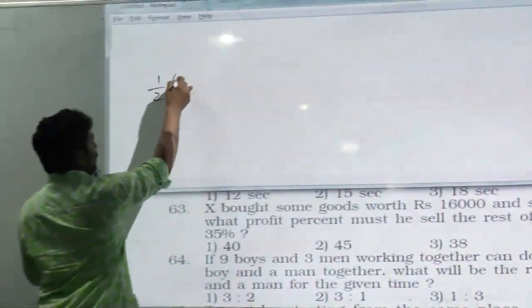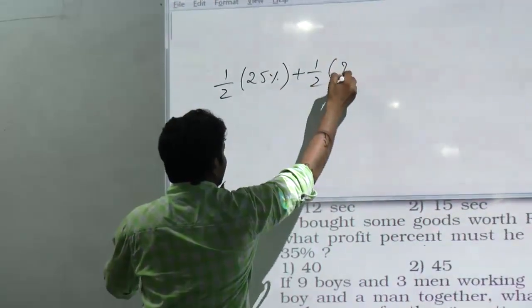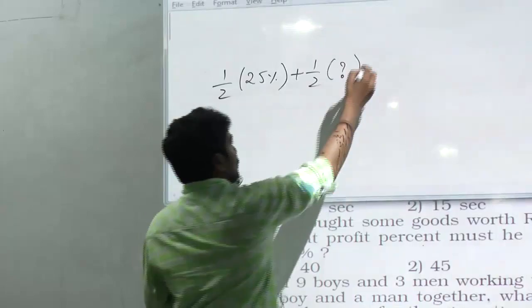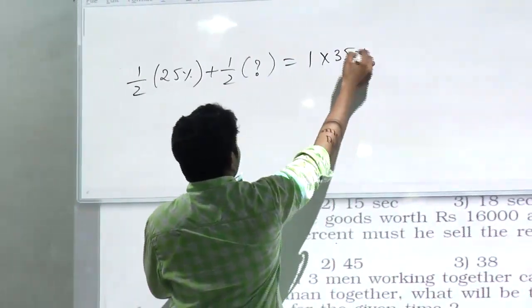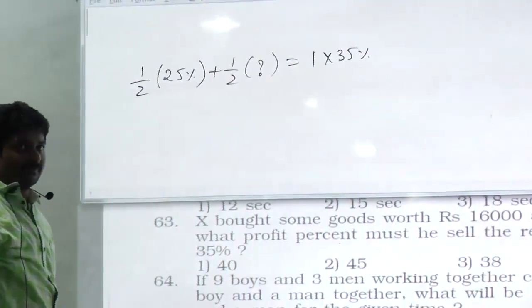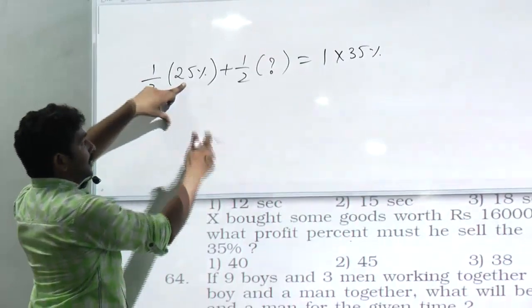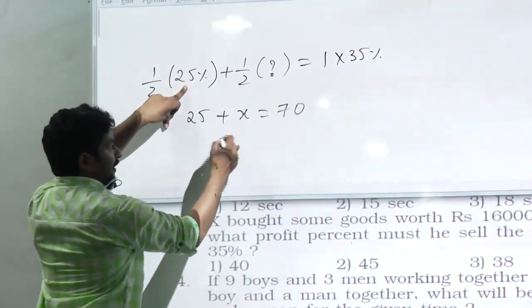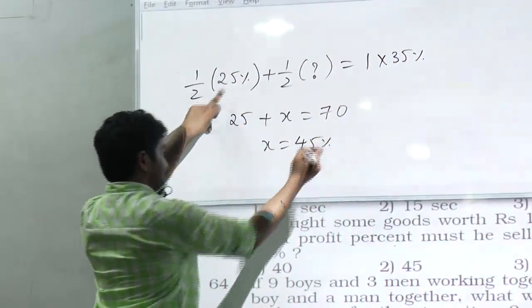Half of them sold at 25% profit, and you need to calculate the percentage of profit obtained on the remaining half, so that on the total, that is one part, on total they are expecting 35%. Take 2 LCM. You have 25 plus x is equal to 70. X is equal to how much? 45%.